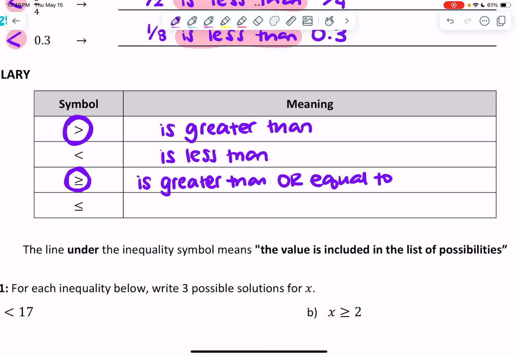So the threshold that I'm trying to meet can include that value. Say I want to buy raffle tickets for the SMA auction, and I want to spend at least $10 on auction tickets.